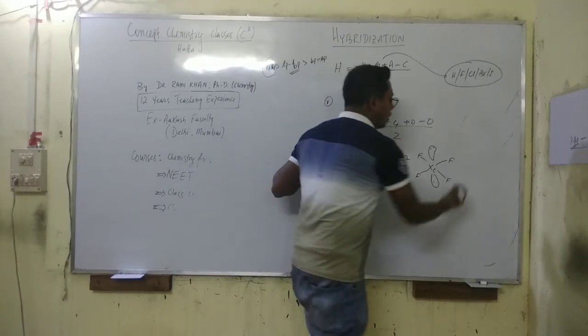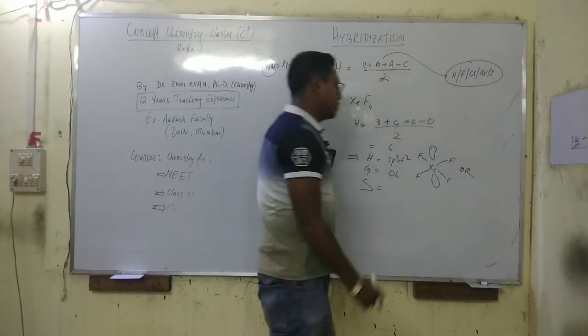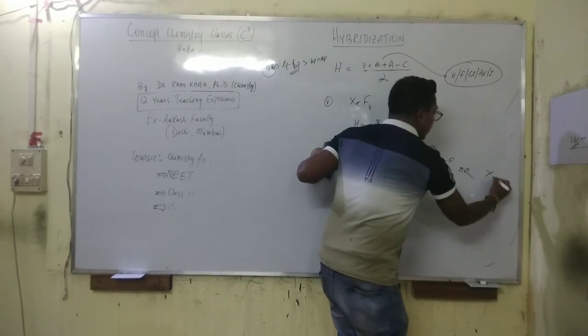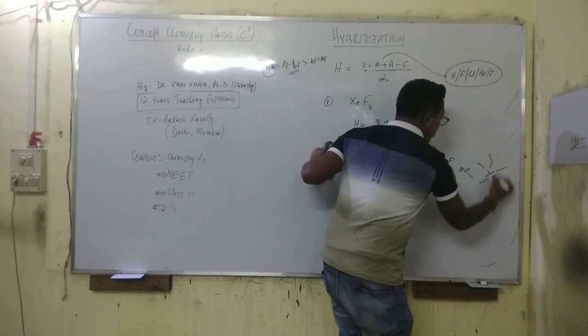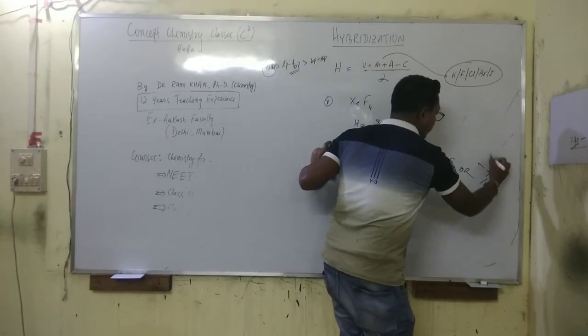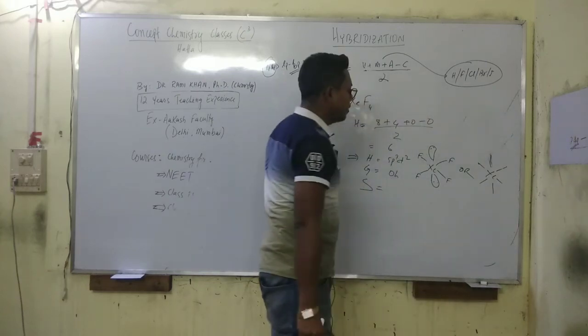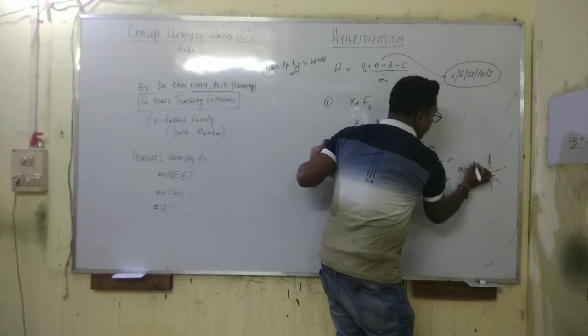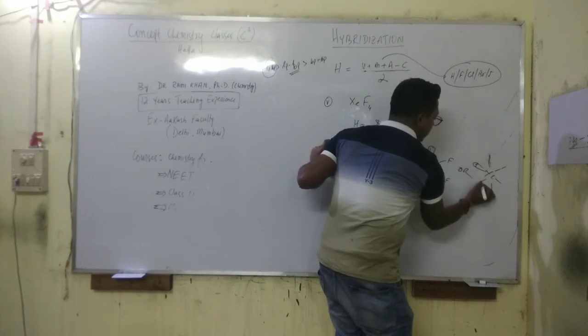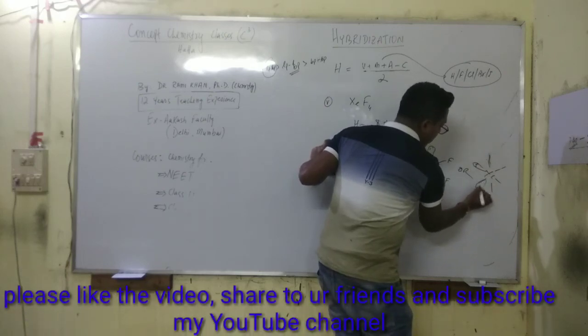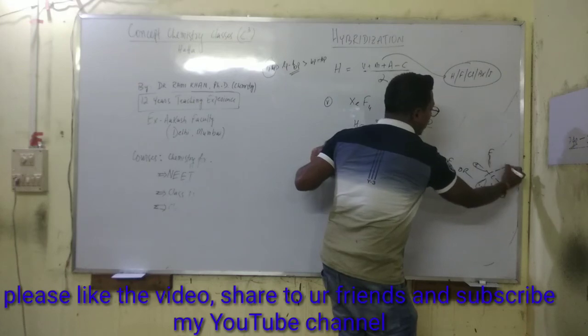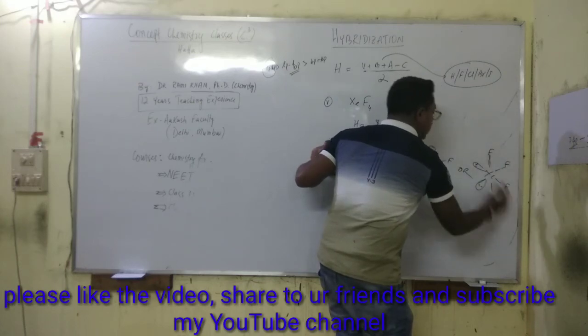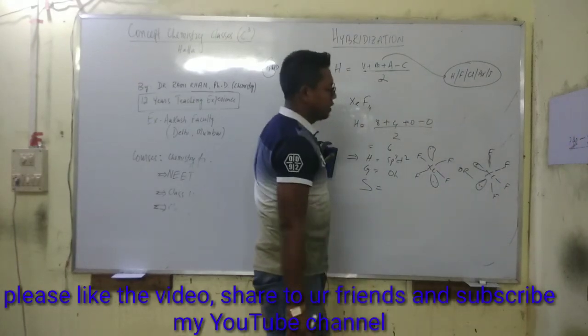Now we can draw another possibility of this compound. Xenon is the central atom. Now if I keep the two lone pairs at axial positions like this, with fluorine, fluorine, fluorine. This is just a possibility we are discussing.